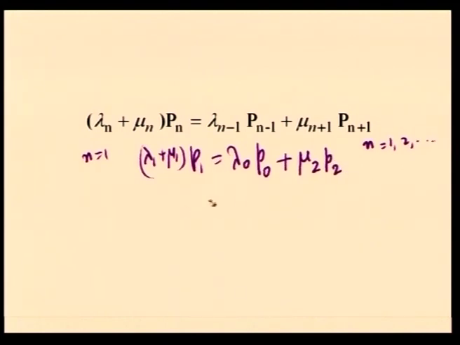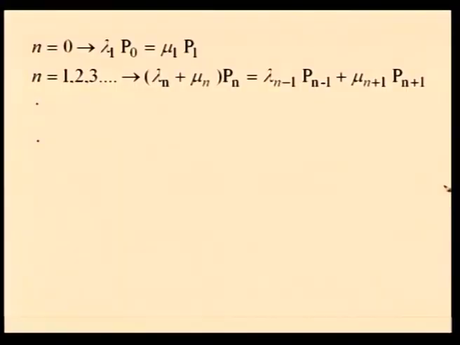So, we have mu 2 p 2 equal to (lambda 1 plus mu 1) into p 1 minus lambda naught p naught. We do not know what the expression for p naught is, but we do know what the expression for p 1 is. So, presently we will see how to derive that expression for p n in terms of lambda naught, lambda 1 and mu 1, mu 2 and so on.